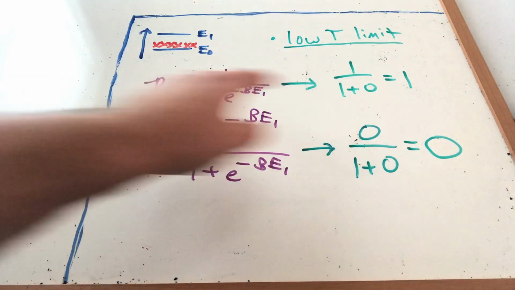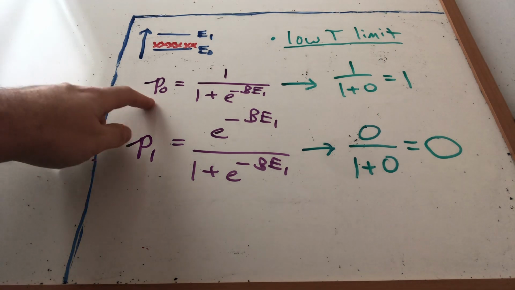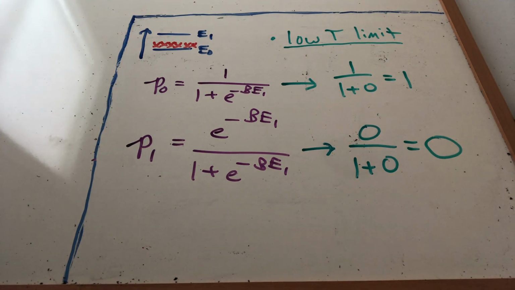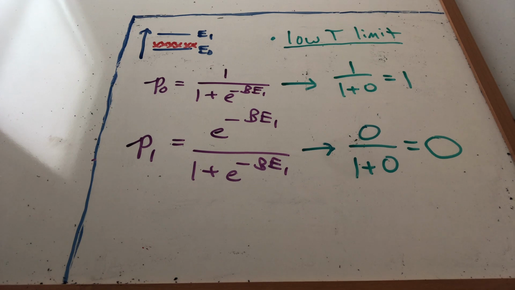It's like all of the population, all of the particles, all of the systems, everything's in the ground state. There's not enough temperature to make a jump. There's 100% probability to be in that bottom state and 0% probability to be in that upper state.